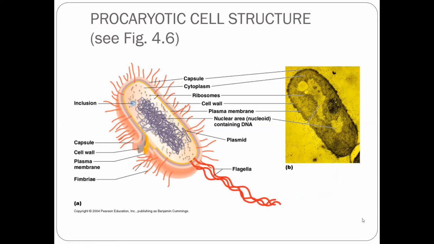You can see a capsule, cytoplasm, ribosome, cell wall, plasma membrane, nuclear area including DNA, plasmid, flagella, fimbriae, which we also call villi, and inclusions. All these we will briefly introduce in this lecture.